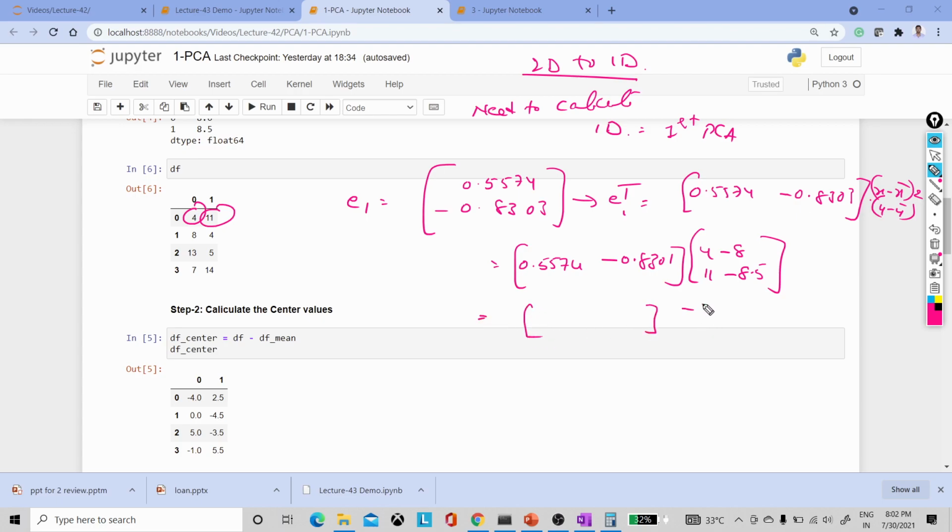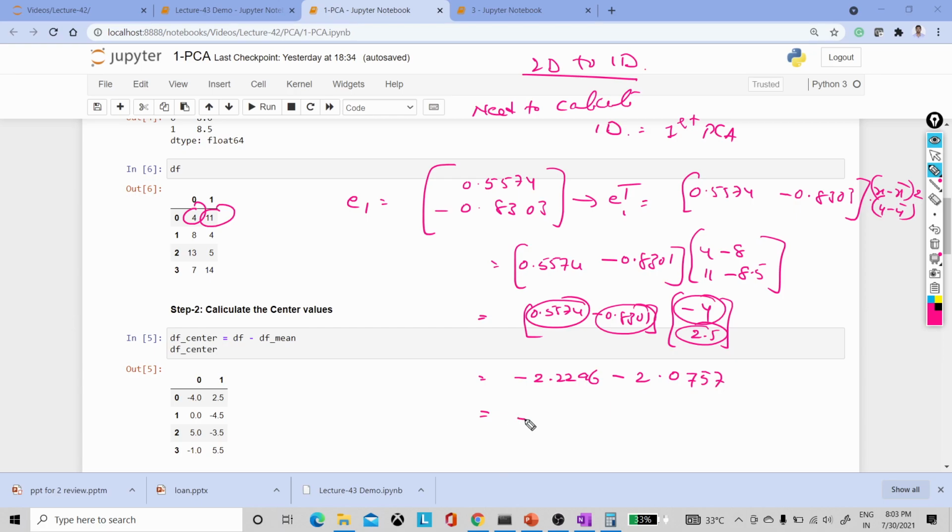Similarly, minus 4 and 2.5. So 0.5574 minus 0.8301, you can calculate this multiplication. You will get minus 2.2296, and the other product is 2.0757.